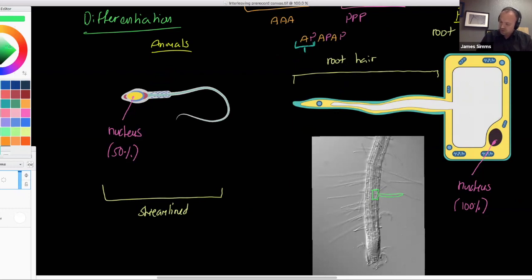Would you agree with me that the shape of this cell is what we would call having an increased surface area? Now, if we think about the job of this cell, we've got swimming from the vagina to the ovum for the sperm cell, and for the root hair cell, its job is to have a greater surface area. Why?